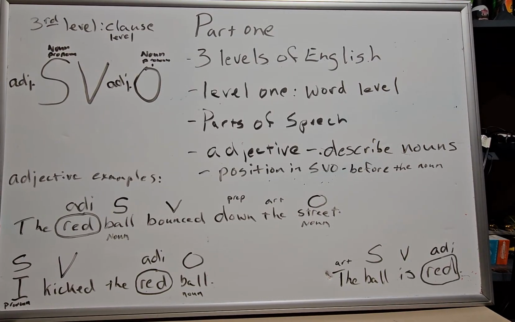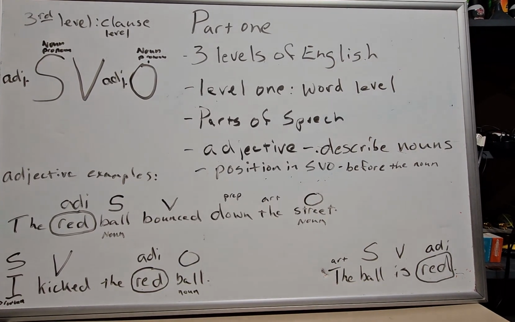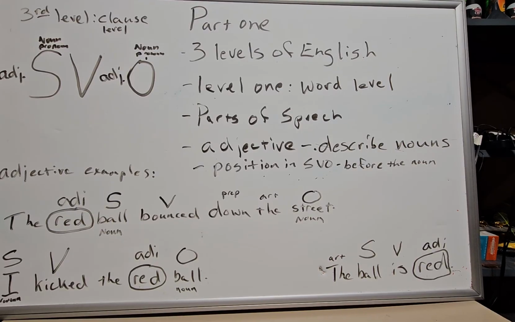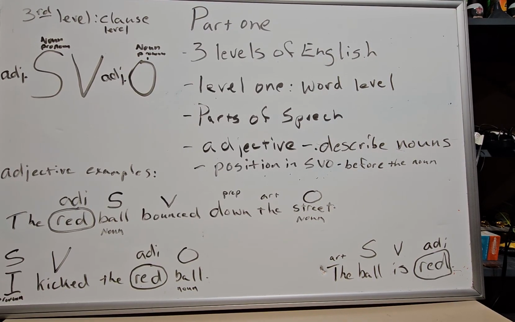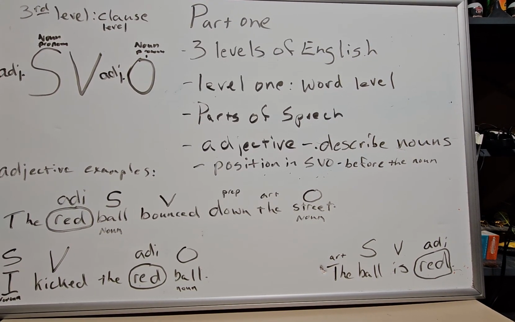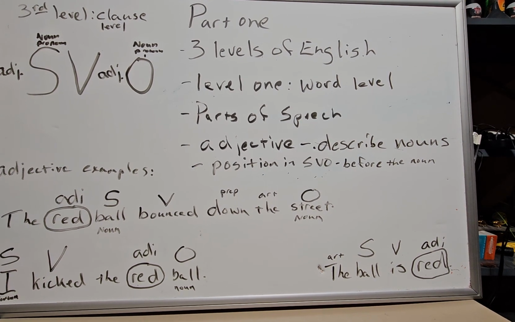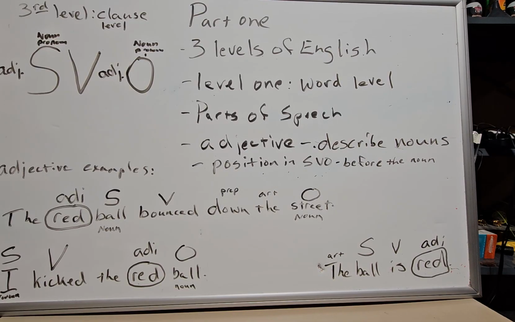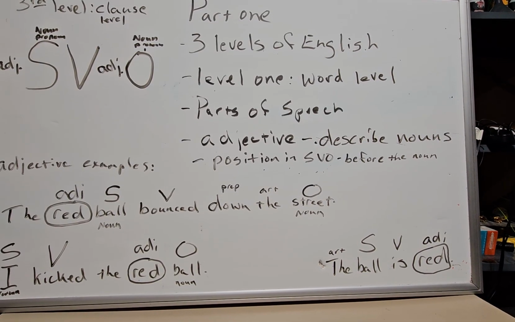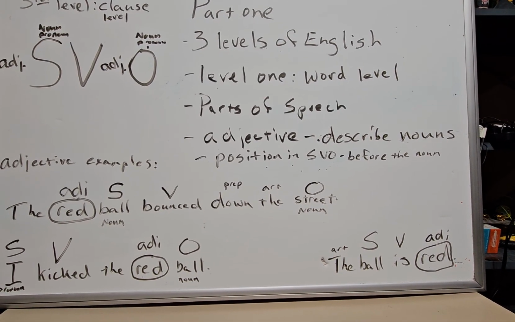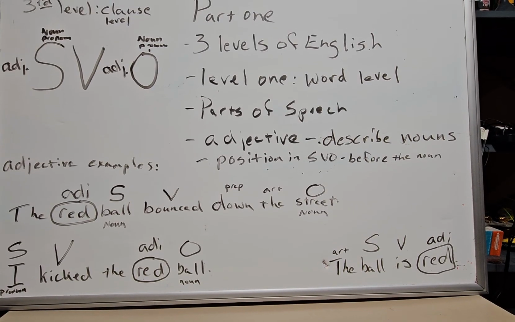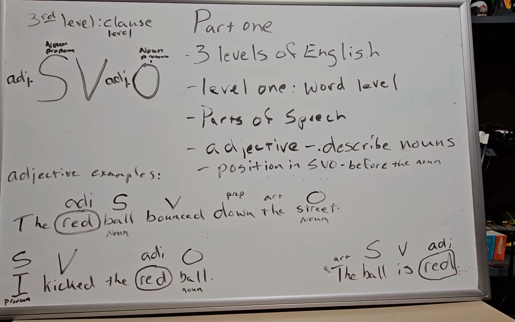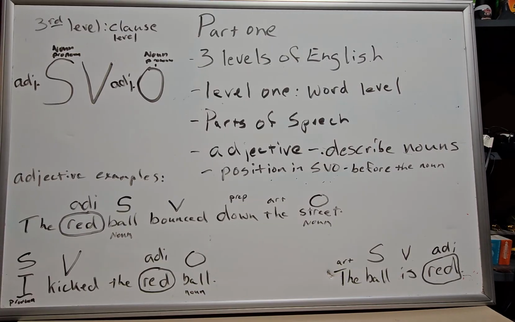In the example, you see the adjective placed before the noun or pronoun in the subject position, and also an adjective placed before the object noun. It is useful to note that we do not put adjectives before pronouns.